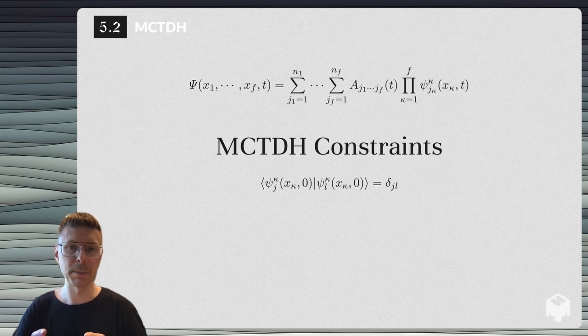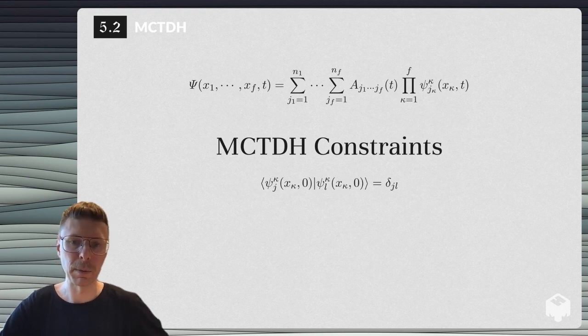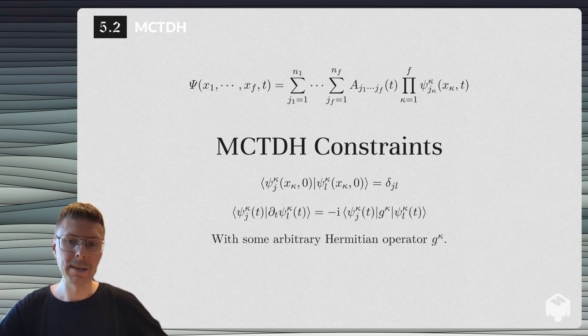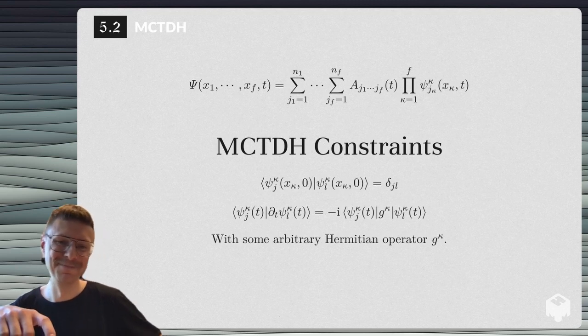Just like in the time-dependent Hartree method, we need to impose constraints on this wave function because right now it has too much freedom, which is not useful and will only become a problem. The first one is the same condition as before, that the psi functions are orthonormal: they are normalized and orthogonal. It looks a bit complicated here, but this is all that this equation says. And the second condition gets worse.